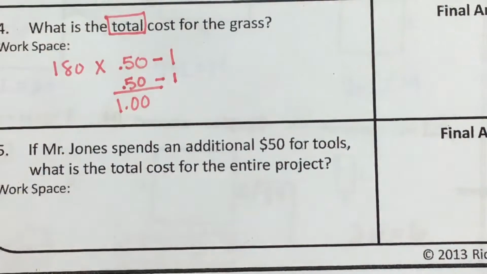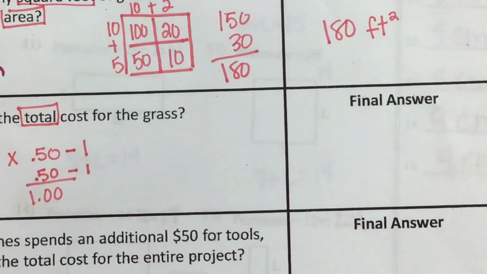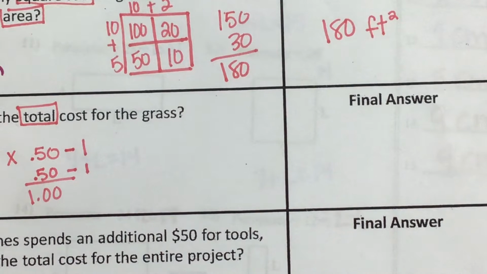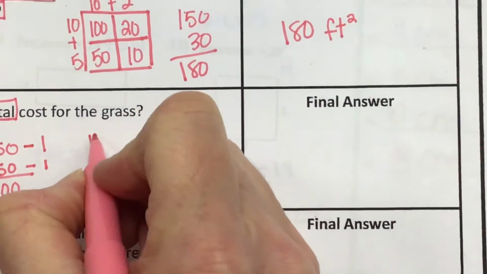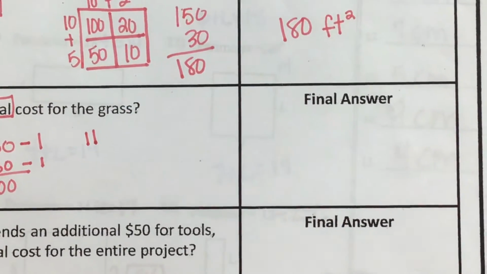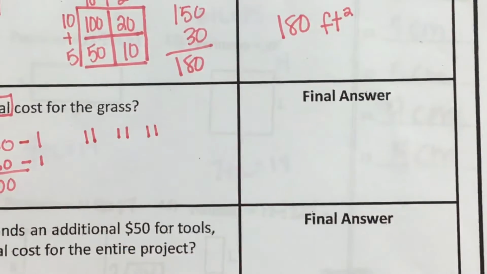Well, if I have a total of 180 square feet, and it's 2 for $1, figure out how many dollars that is. Okay, so look, let's think it through. Here's $1, $2, $3.